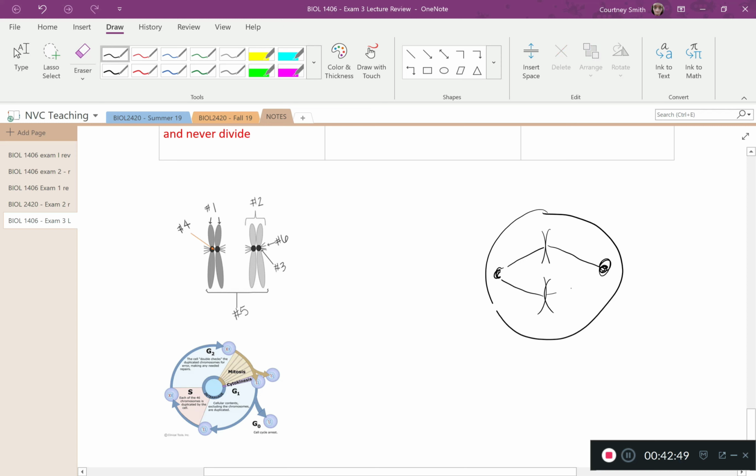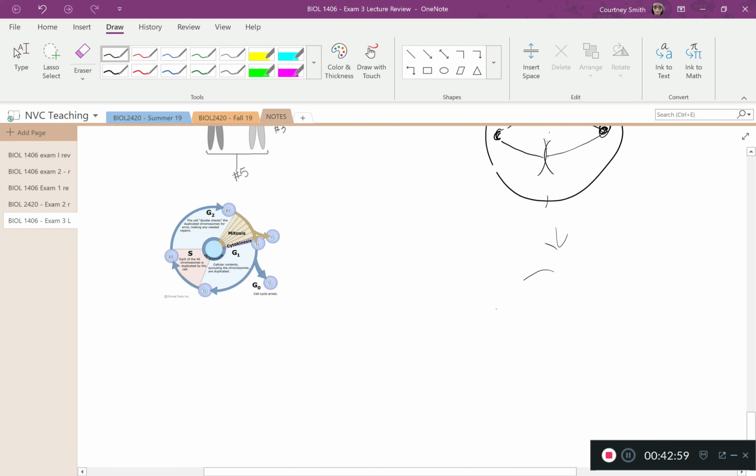Then you have your spindles attached. It wants to make sure that it's lined up in the middle so that once it starts pulling apart, you will get equal parts of the genome being pulled to the poles.